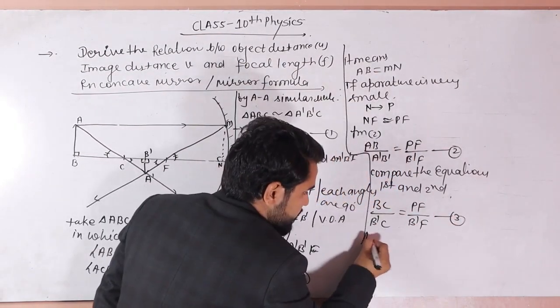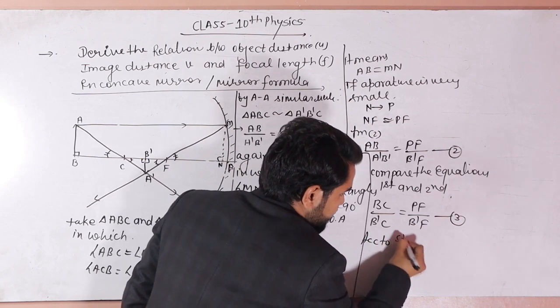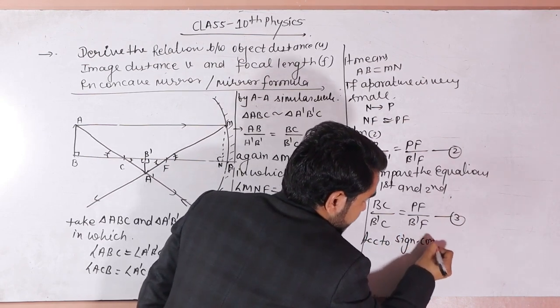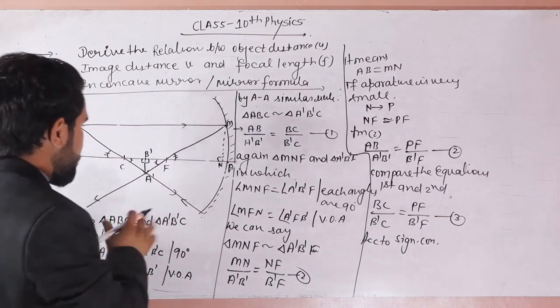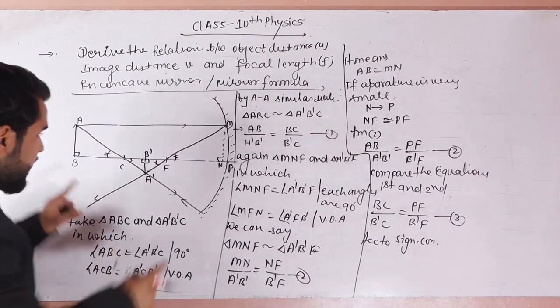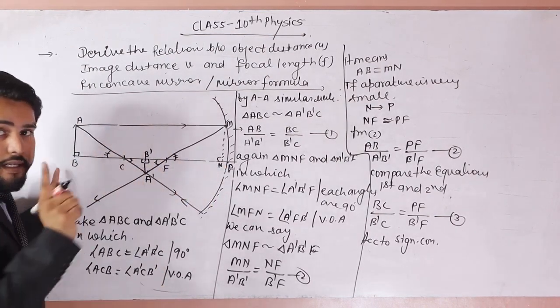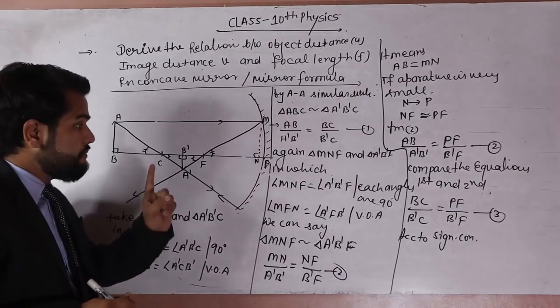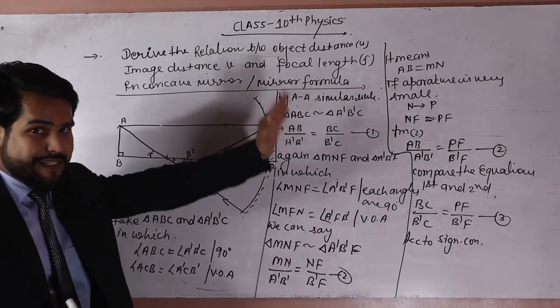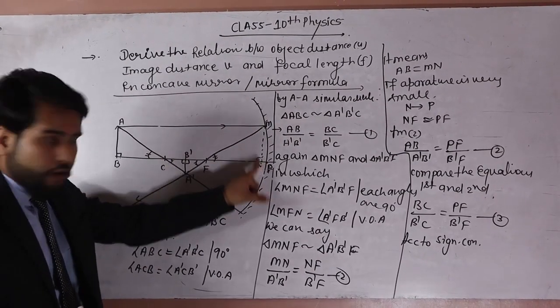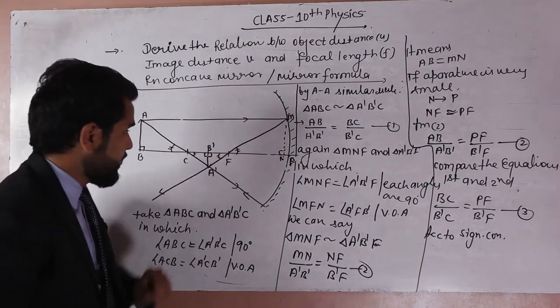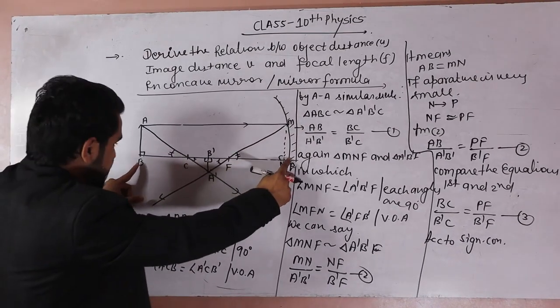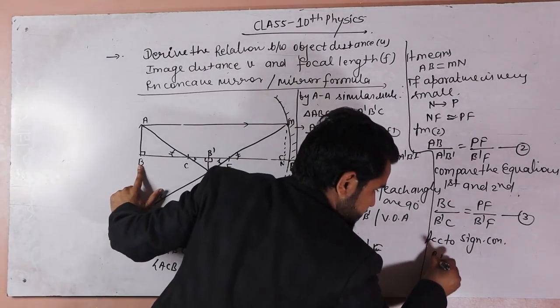According to sign convention, it is a necessary thing that all the distances are measured from the pole of the mirror. You know very well about the mirror. So BP is the object distance.